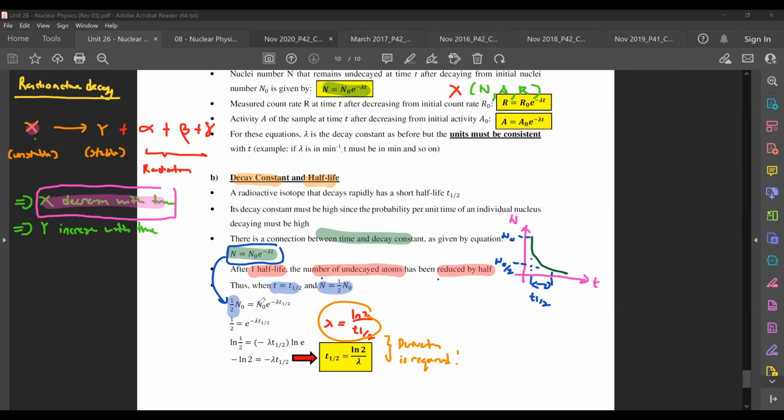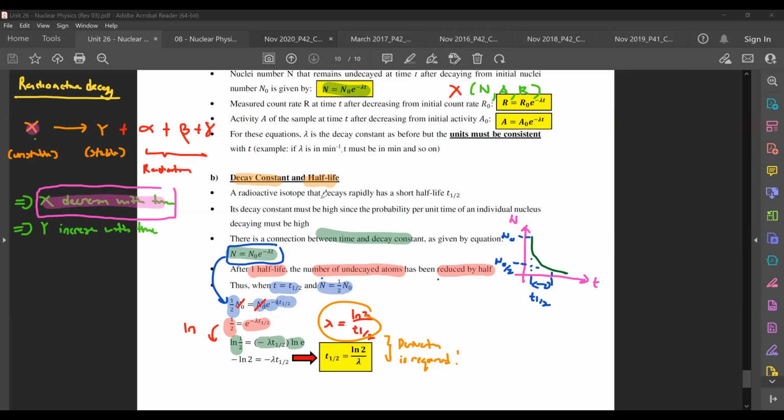Half n naught equals n naught exponential negative lambda half-life. So your n naughts will cancel each other off, eventually giving you half equals exponential negative lambda half-life. But the exponential function there is in the way. So you want to get rid of it by taking ln of both sides of your equation, so that you get ln half equals negative lambda half-life times ln e.